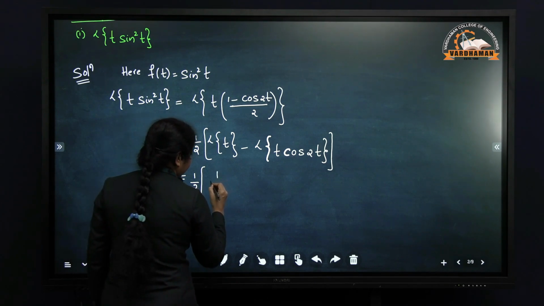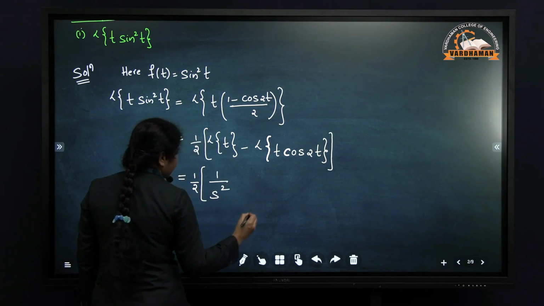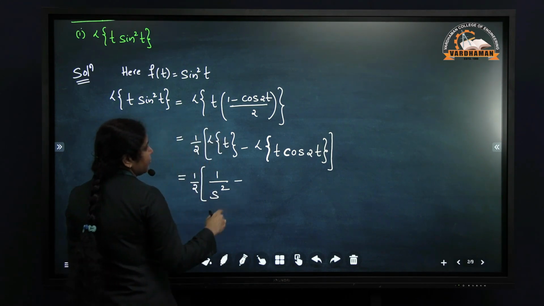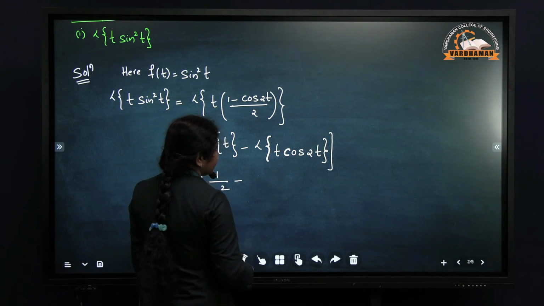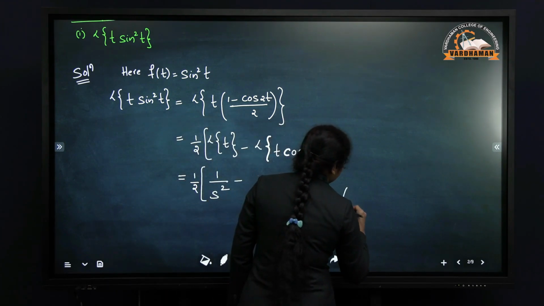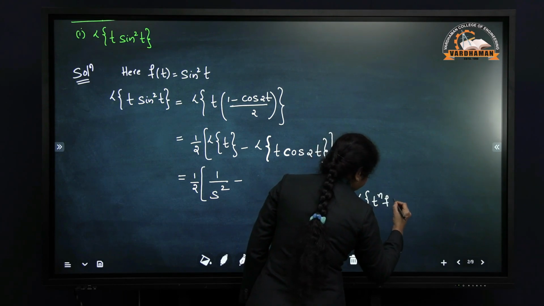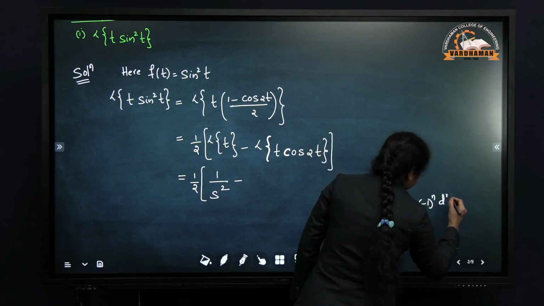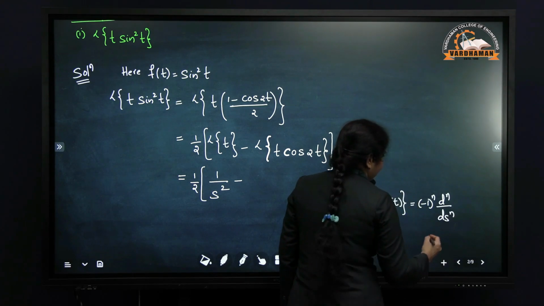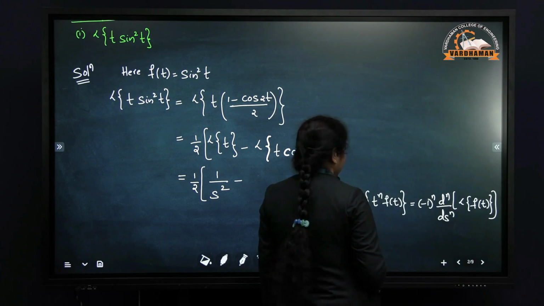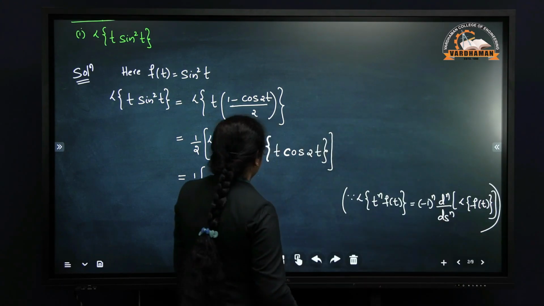It is 1 factorial by s power 1 plus 1, which gives 1 by s square. Minus, here apply the formula of multiplication by t power n: the Laplace transform of t power n into f of t is (-1) power n d power n by ds power n of L of f of t. In this formula you have to replace n with 1.